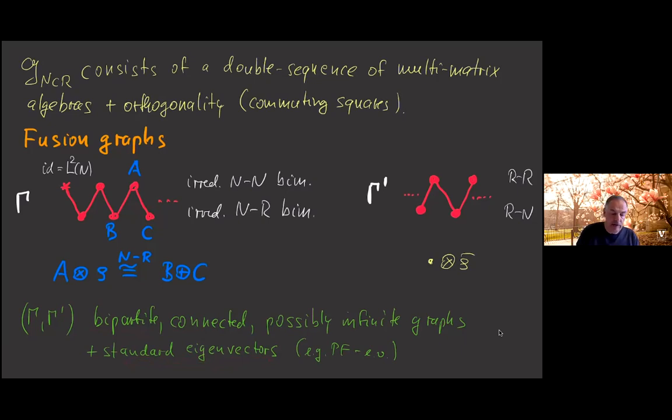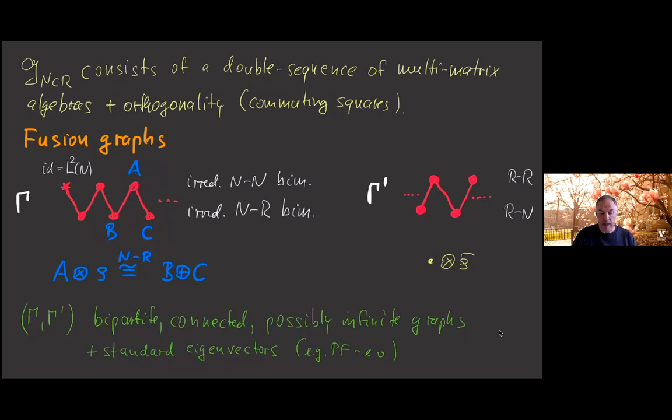And that eigenvector, those of you who know what I'm talking about, basically just captures the quantum dimension of these objects, if you want to think of them as objects in a category, or in subfactor language, the standard eigenvector captures the indices of the corresponding irreducible subfactors of the hyperfinite II_1 factor that is represented by these bimodules.